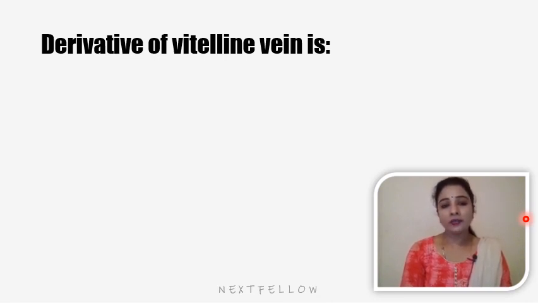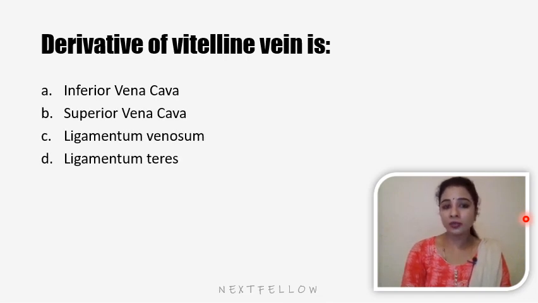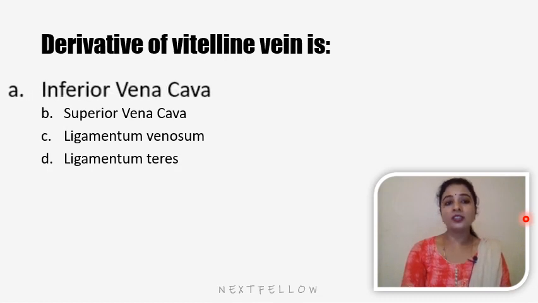Which of the following is a derivative of the vitelline vein: inferior vena cava, superior vena cava, ligamentum venosum, ligamentum teres? The answer is the inferior vena cava, because vitelline veins give rise to a little portion of it, and also to the veins associated with the gut, like hepatic veins, hepatic sinusoids, and ductus venosus.